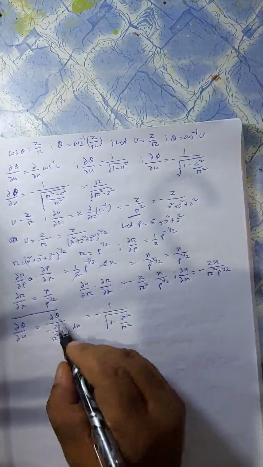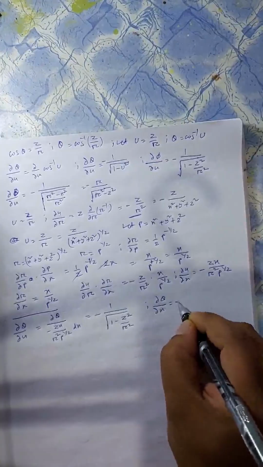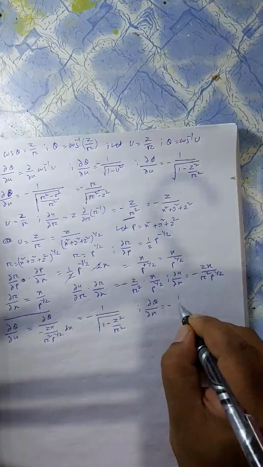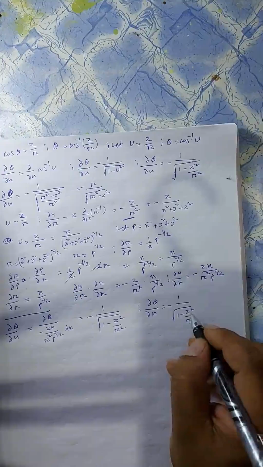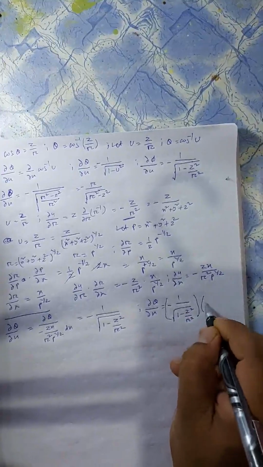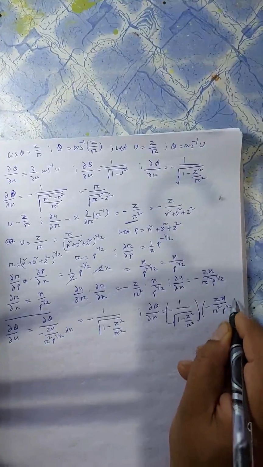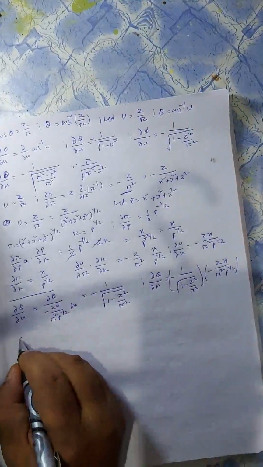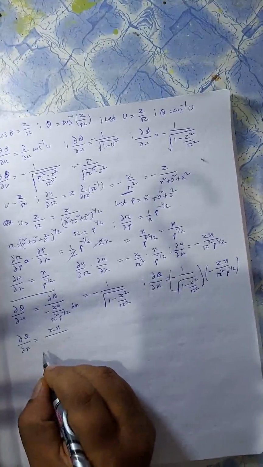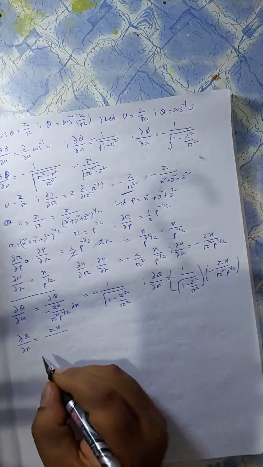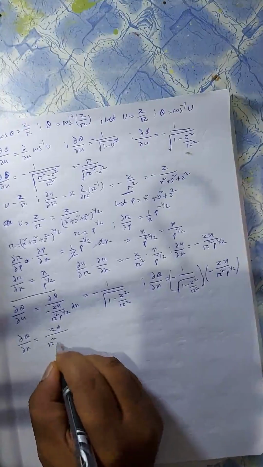So ∂θ/∂x, take this one to the side. ∂θ/∂x is equal to minus 1 by square root of 1 minus z square by r square, times minus zx by r square p to the power half. Minus minus is plus, so ∂θ/∂x is equal to zx by r square p to the power half.